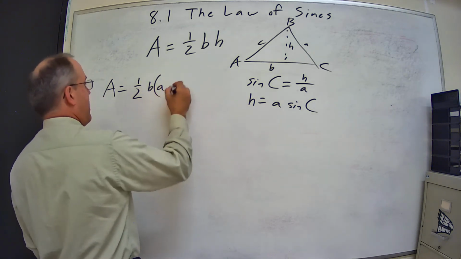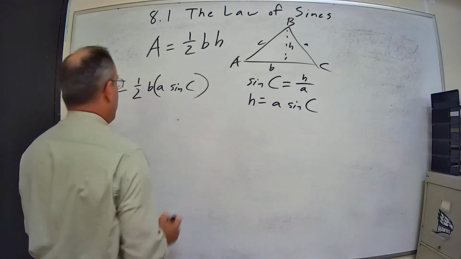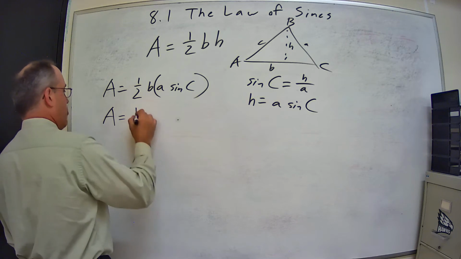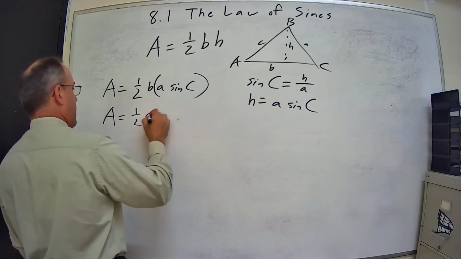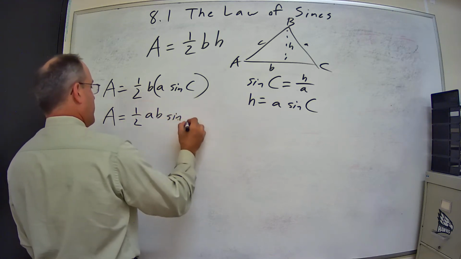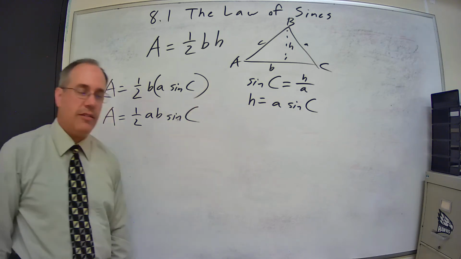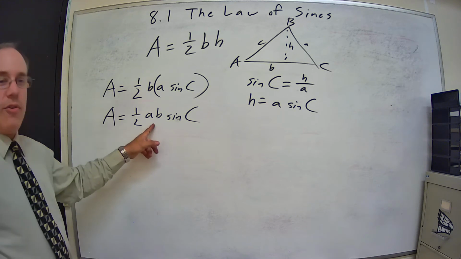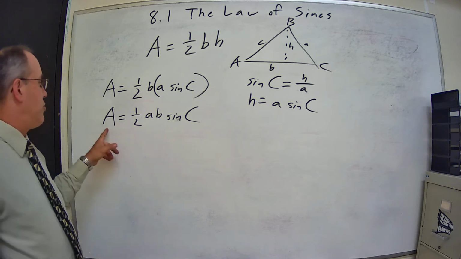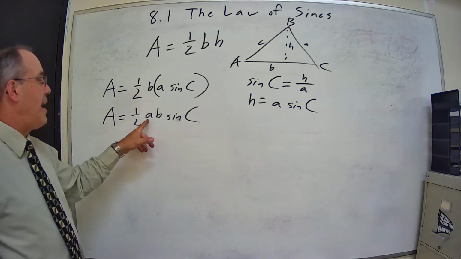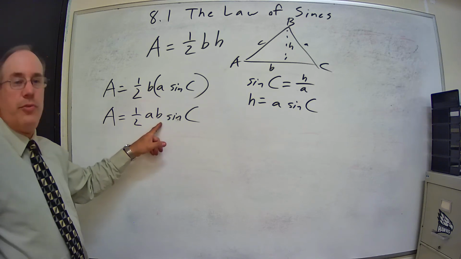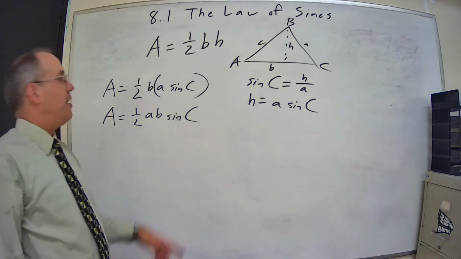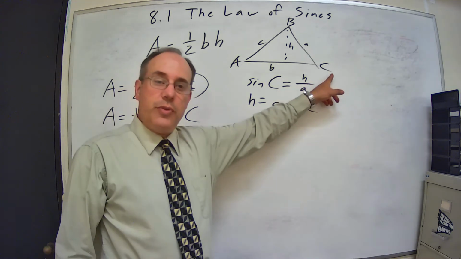The height is A sine C. Or rewriting it again, the area is equal to 1/2 AB sine of C, which allows me to find the area of a triangle if I have the lengths of two sides, A and B, and the angle in between them.